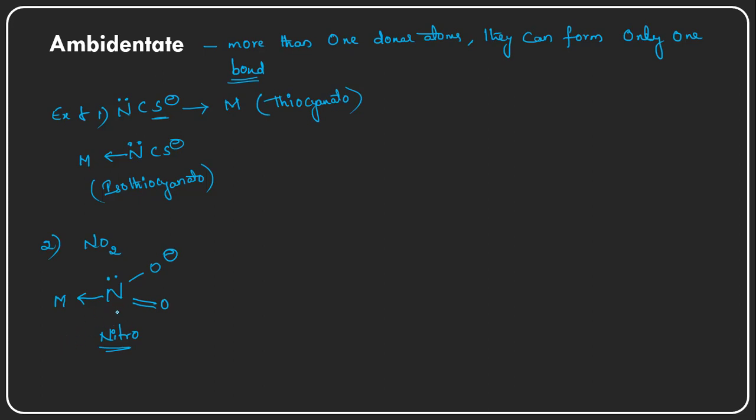In the same manner, with O minus, a double bond to O, and a lone pair of electrons, now the oxygen is donating the pair of electrons to the central metal cation. This linkage, an OM or MO linkage, is called a nitrito complex, a nitrito ligand.